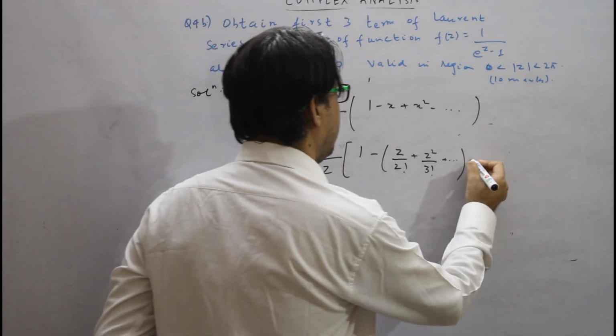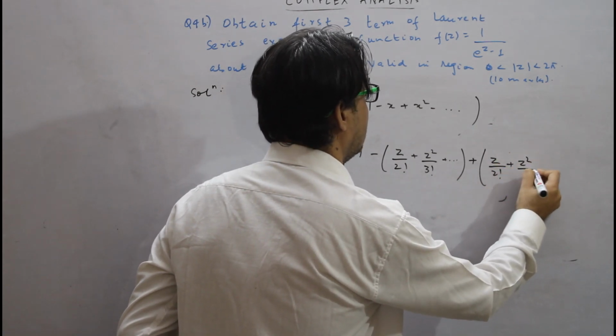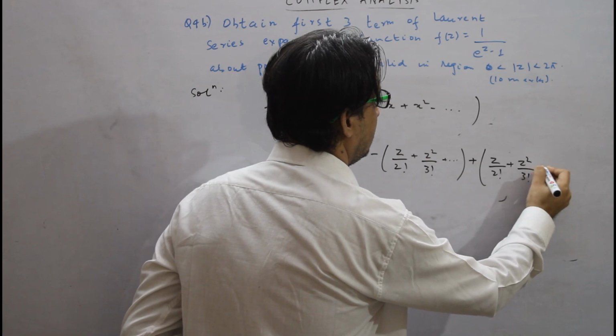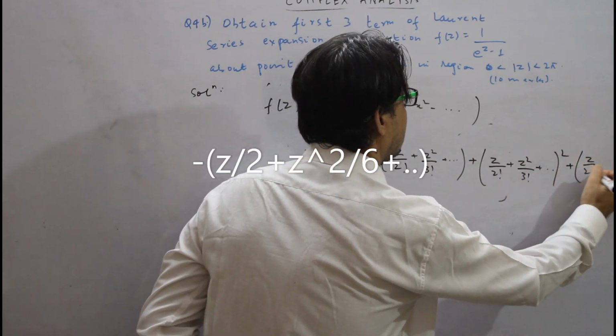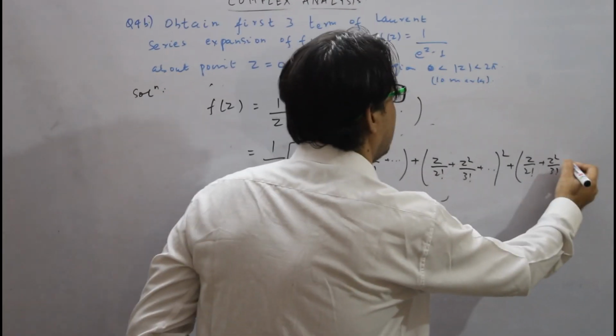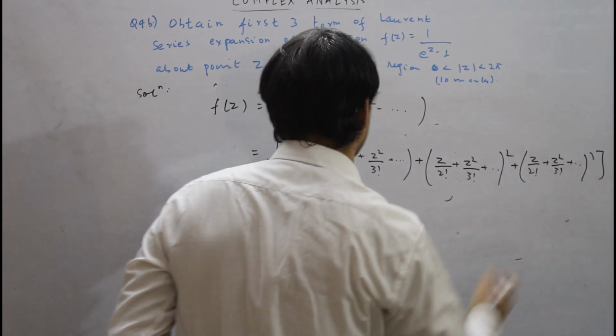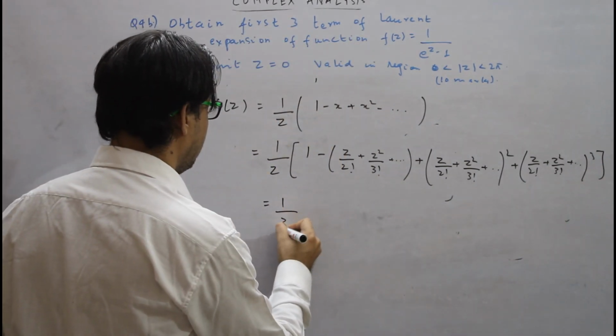Now I have to find x square. So this is z by 2 factorial plus z square by 3 factorial and so on, squared, plus the cube of this. Only concerned with 3 terms, so I will just find those terms only.